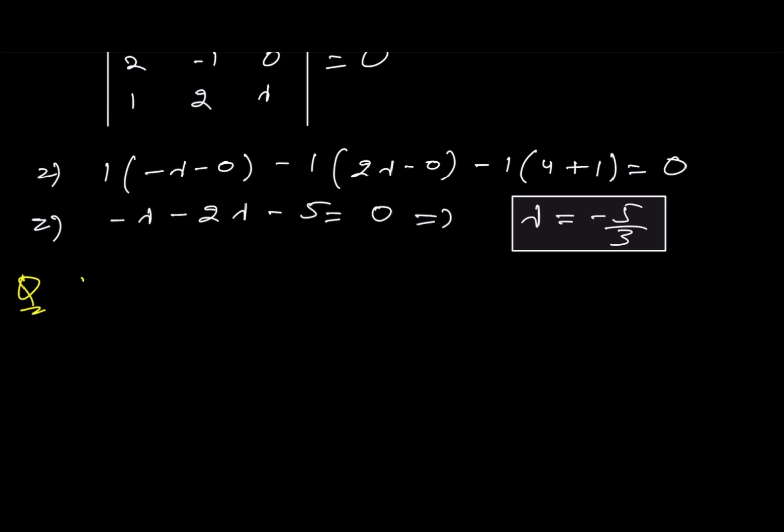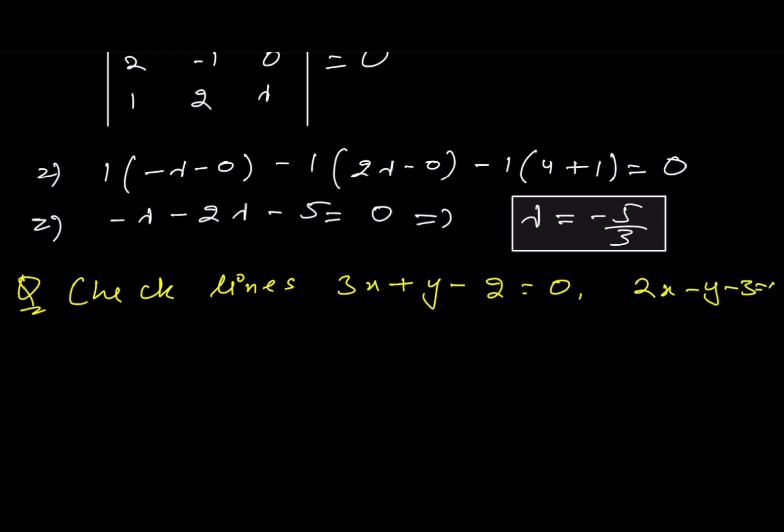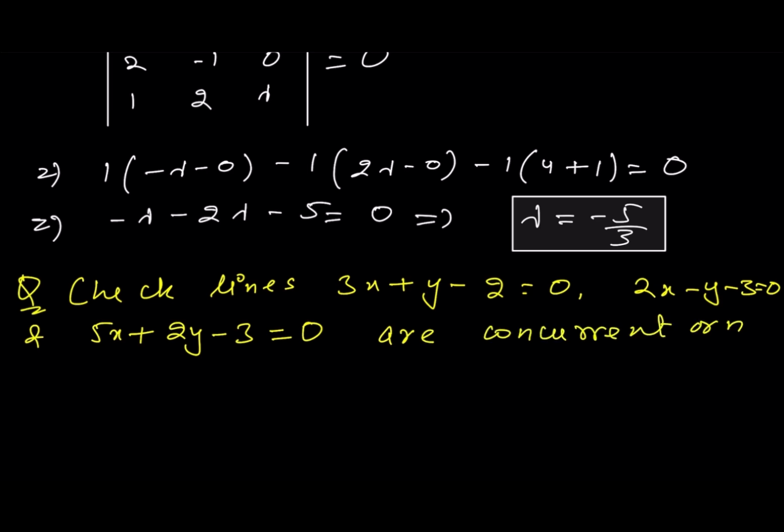Next question is, check whether lines 3x plus y minus 2 is equal to 0, 2x minus y minus 3 is equal to 0, and 5x plus 2y minus 3 is equal to 0 are concurrent or not.